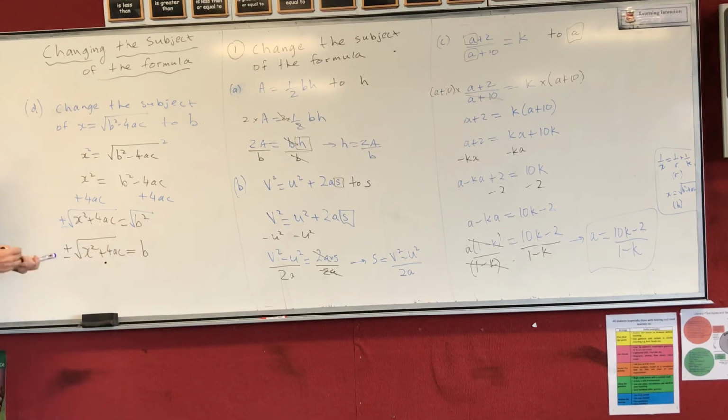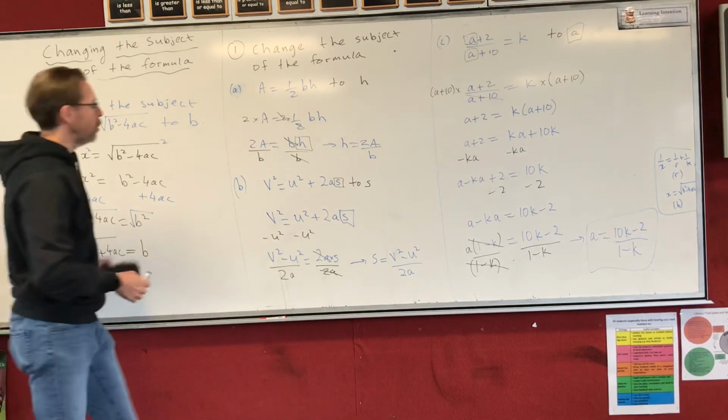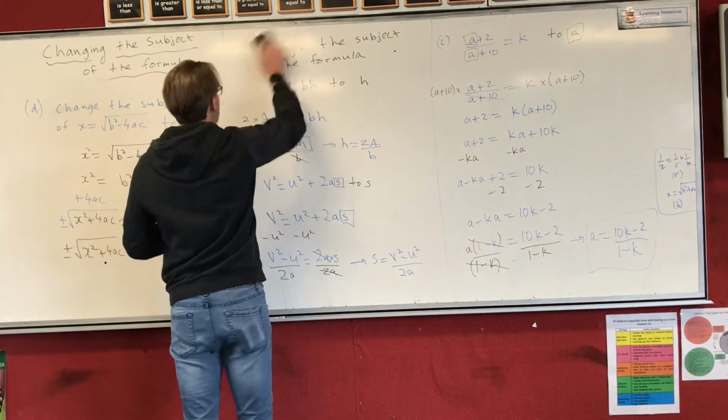And that's your answer. B is the subject. Okay, so just a couple of things there. Squaring gets rid of the square root, and square rooting gets rid of the power of 2. And when you take the square root, you must put the plus or minus there. Alright? Now, copy that down, and we'll look at one more question.